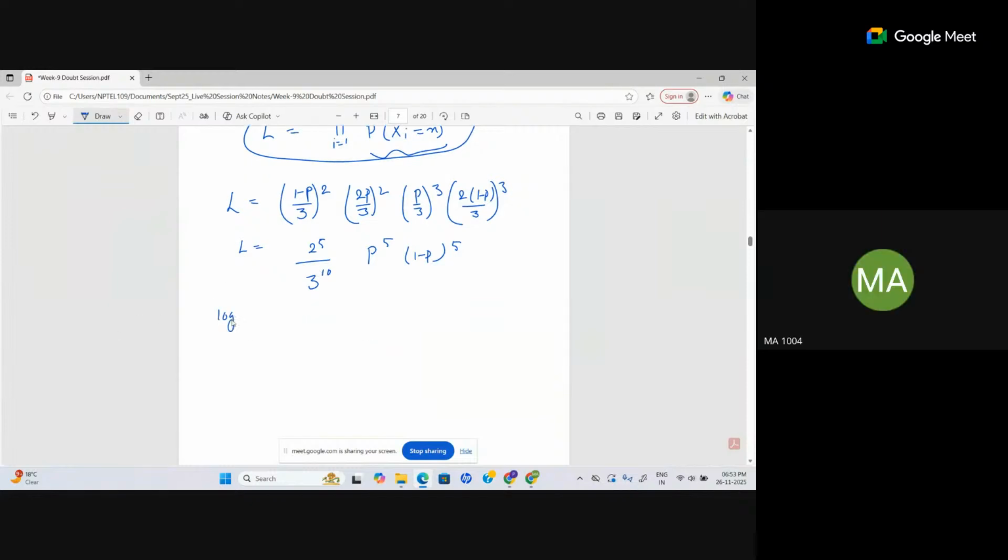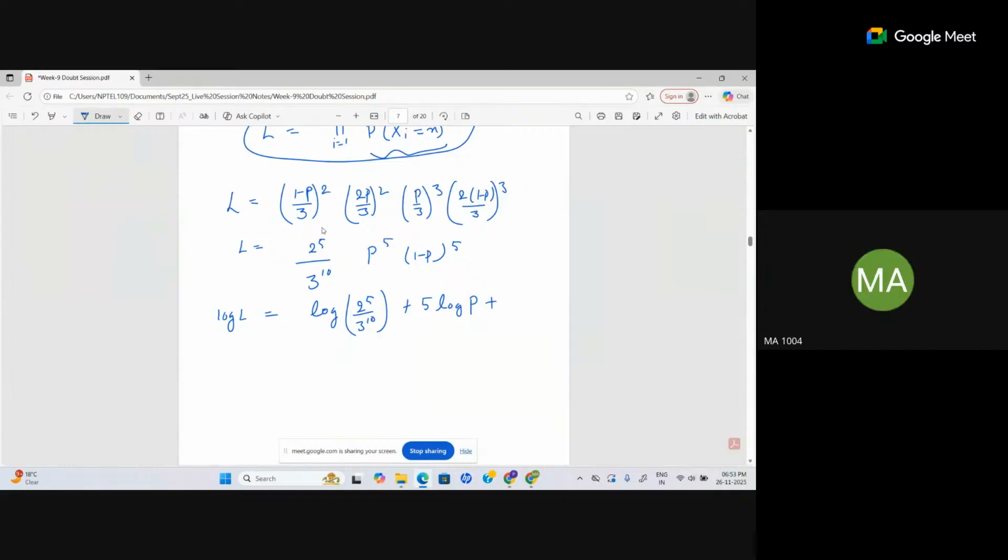Now we can take log. So log L will be log of 2 to the power 5 divided by 3 to the power 10, plus 5 log p. The constant terms will be outside.